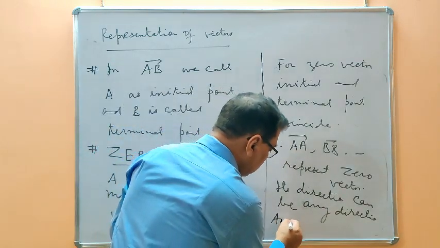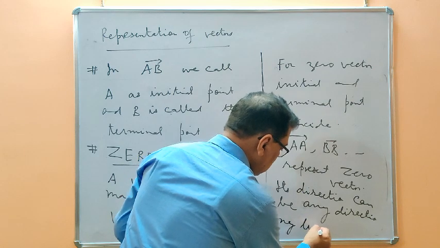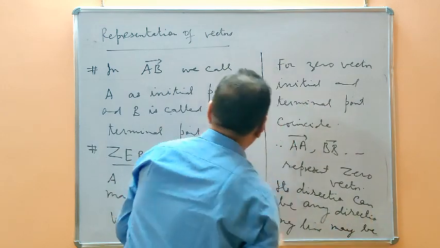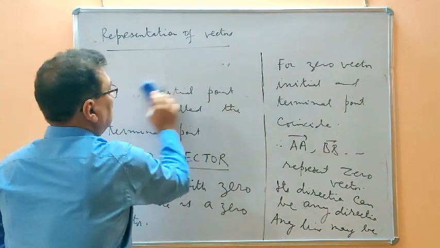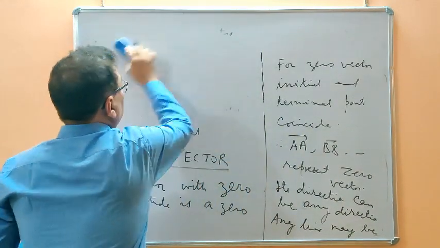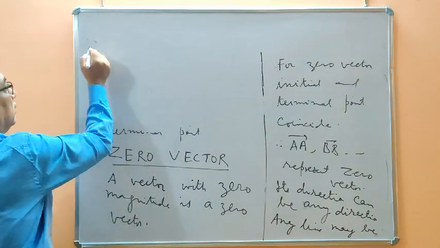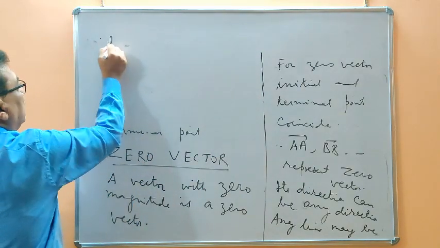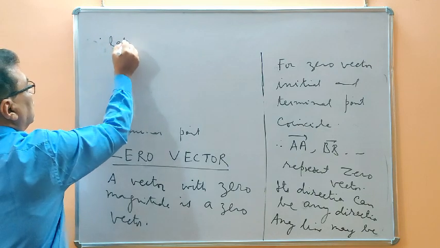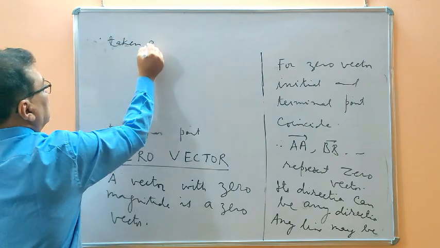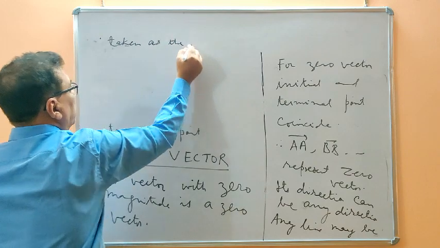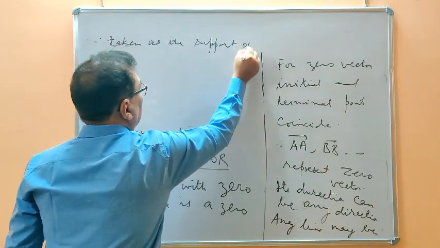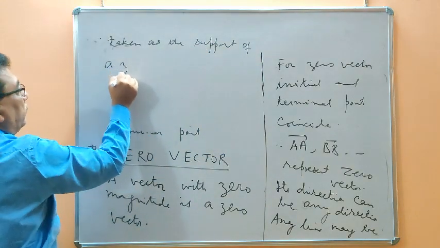Any line may be taken as the support of a zero vector.